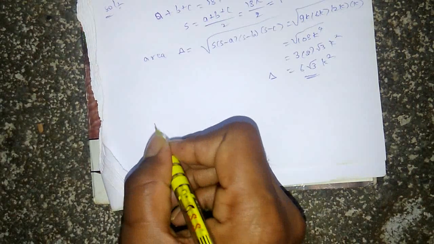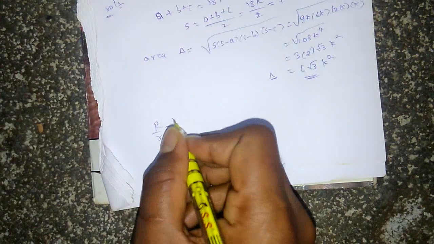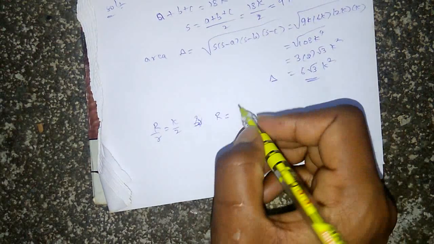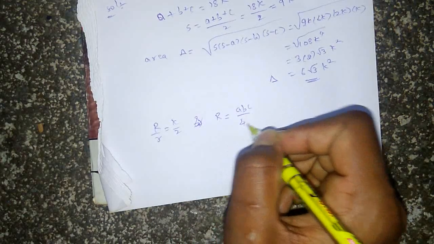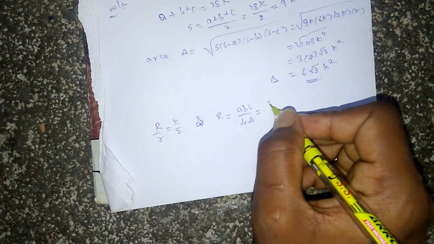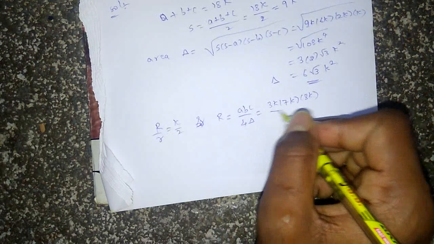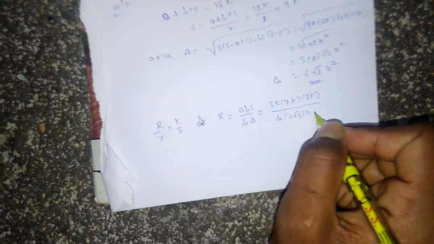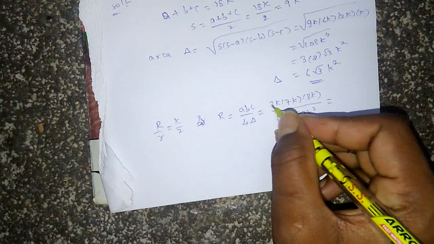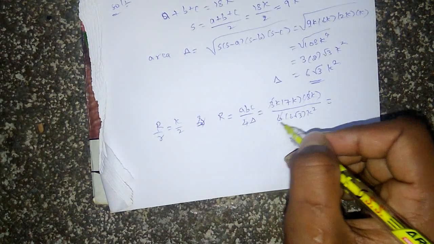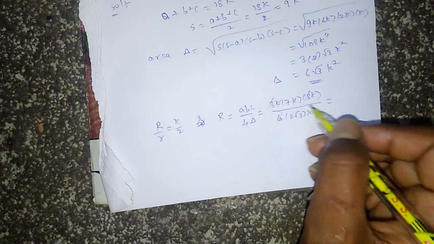Okay, now R/r is given as k/2. So first let us find R. R = abc/(4Δ). a is 3k, 7k, 8k over 4Δ, 4 × 6 root 3 k². 8 × 3 is 24, 6 × 4 is 24, and k² gets cancelled.